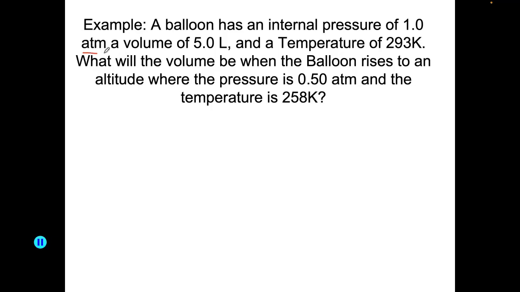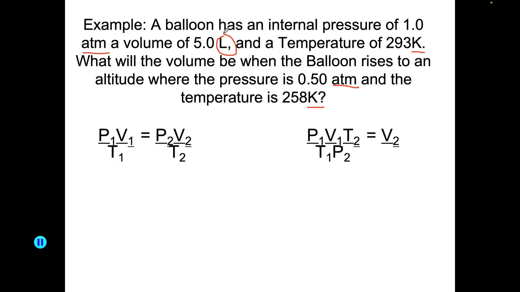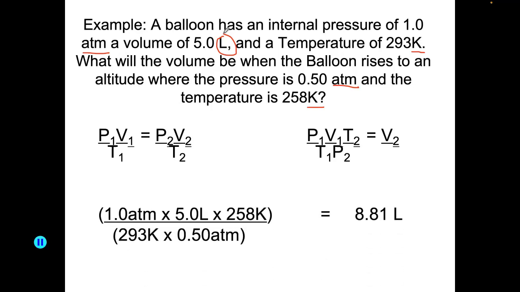I have atmospheres here and here, Kelvin here and here, and liters here. So I know that my answer for volume 2 is also going to be in liters. I take my equation, isolate my variable, plug my numbers in, and I get 8.81 liters.